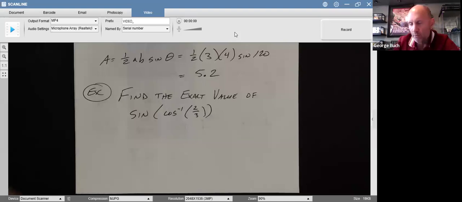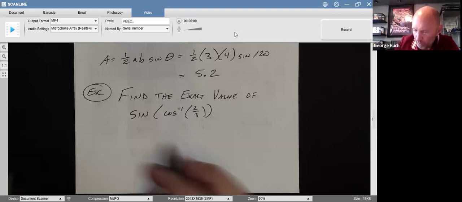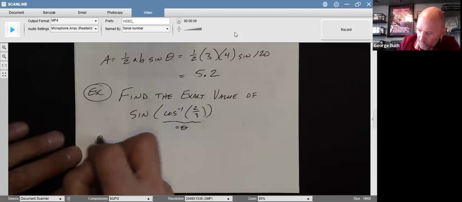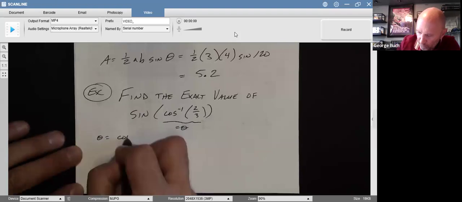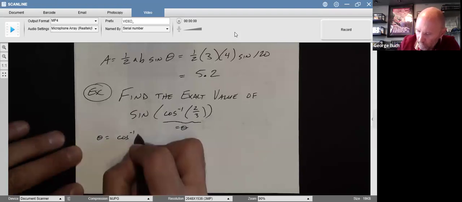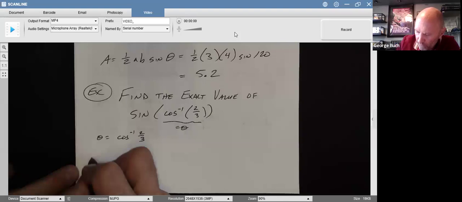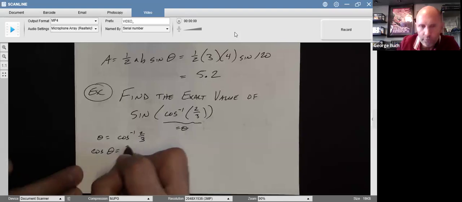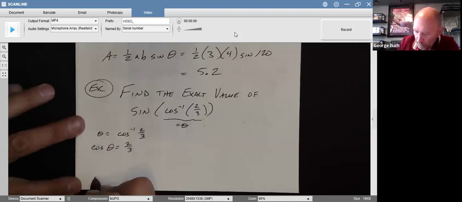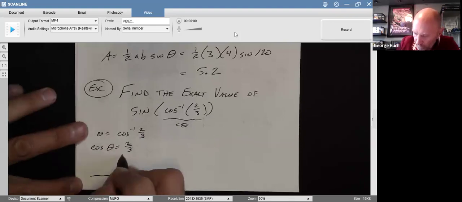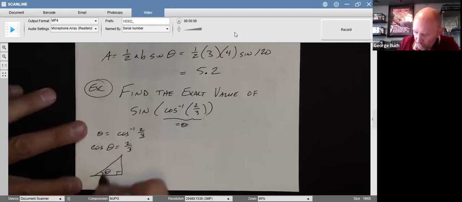So how am I going to do this problem? Build a triangle. We call this piece theta. So theta is equal to cosine inverse of 2/3. So cosine of theta is 2/3. Build my right triangle. Cosine is adjacent over hypotenuse.